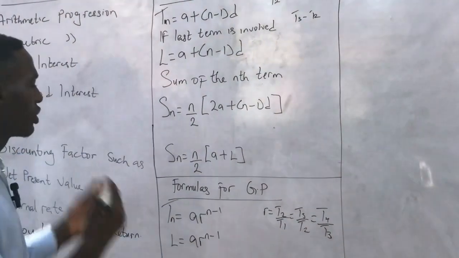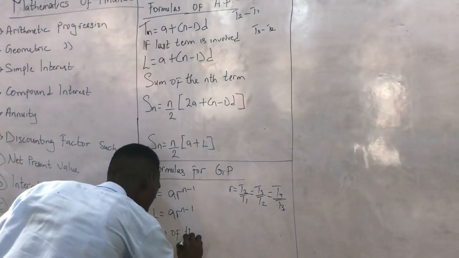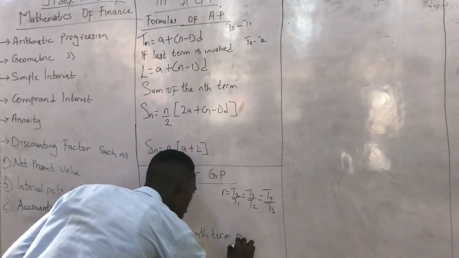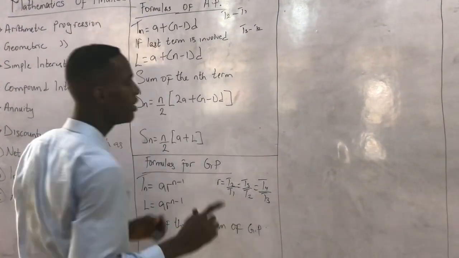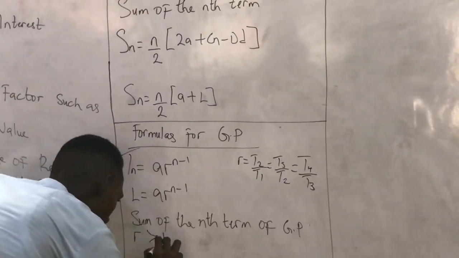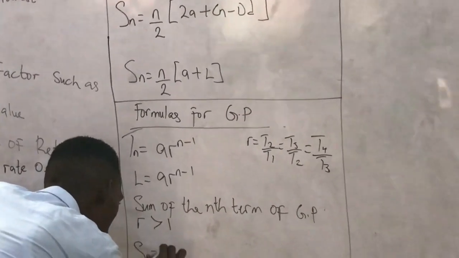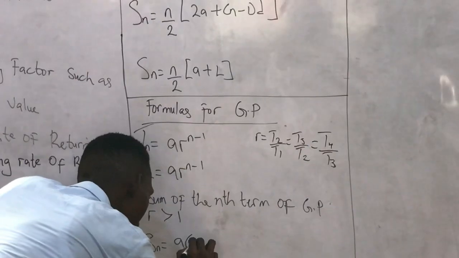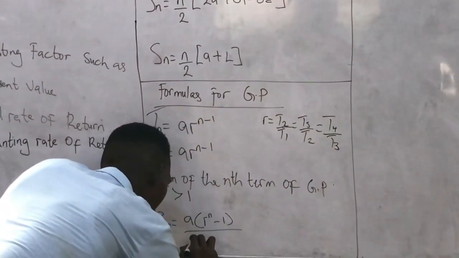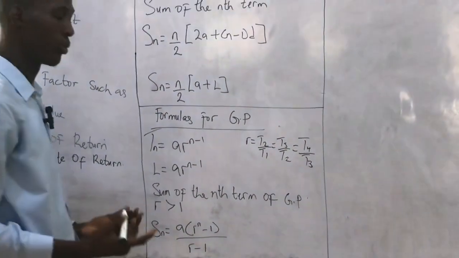Now, for the sum of the nth term of a geometric progression, if your common ratio r is greater than 1, then your sum of the nth term will be equal to a open bracket r to the power of n minus 1 close bracket over r minus 1.